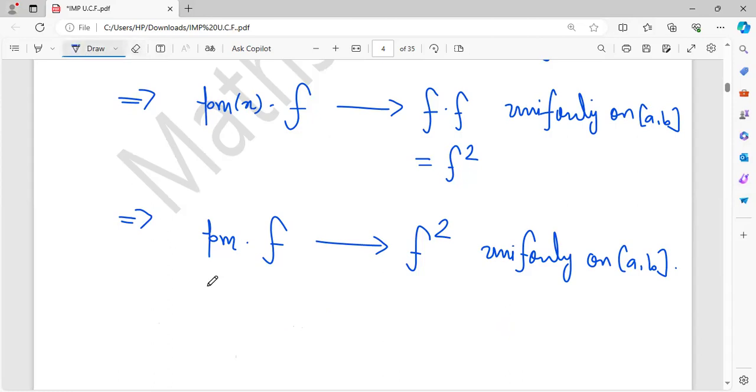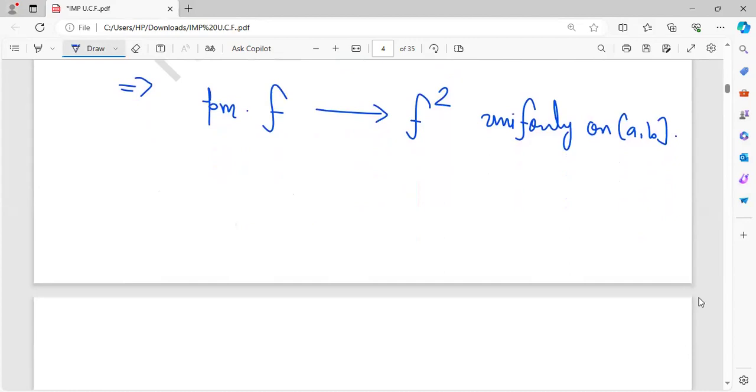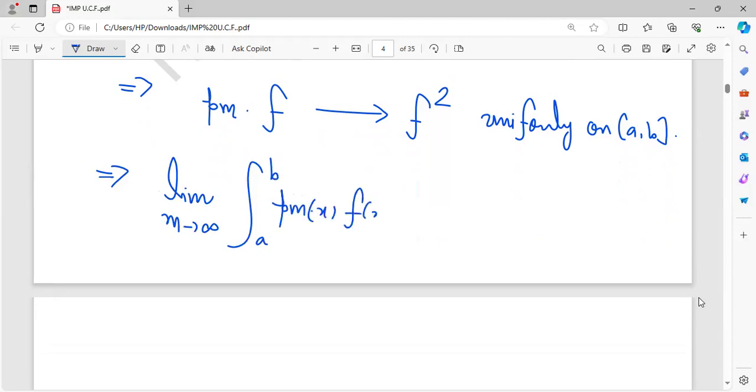So what does it mean? It means the limit as m tends to infinity of the integral from a to b of p_m(x) into f(x) dx is equal to the integral from a to b of f square x dx.